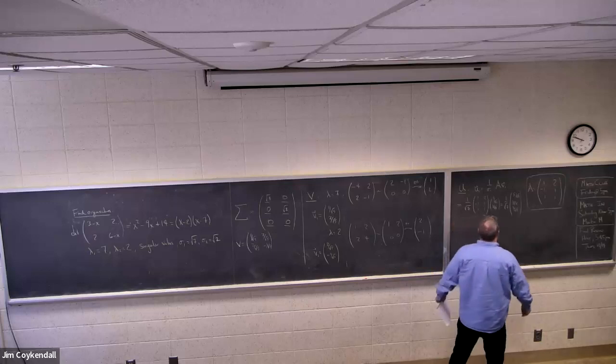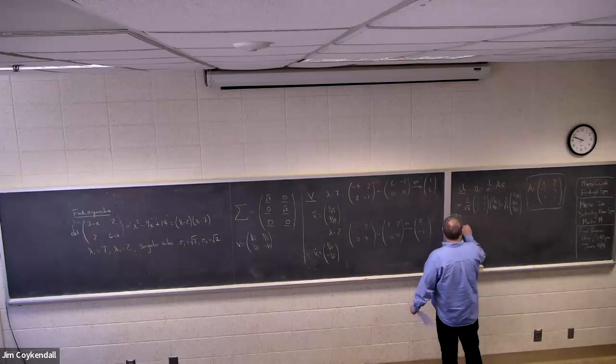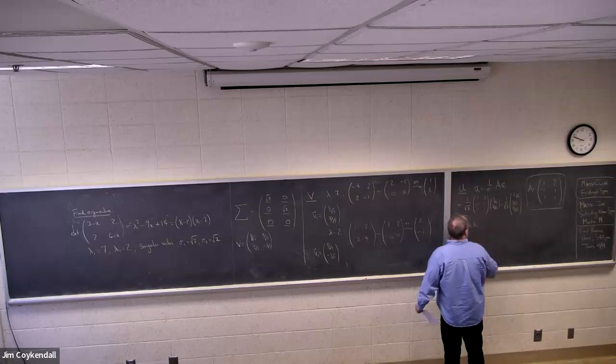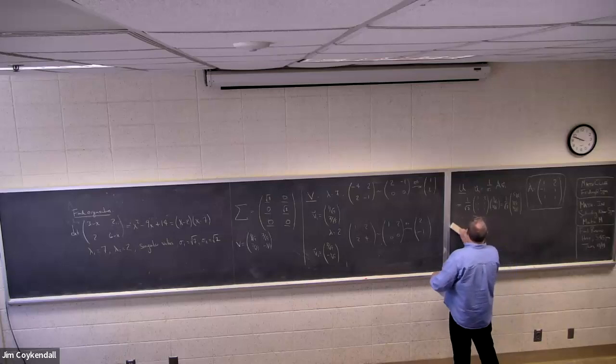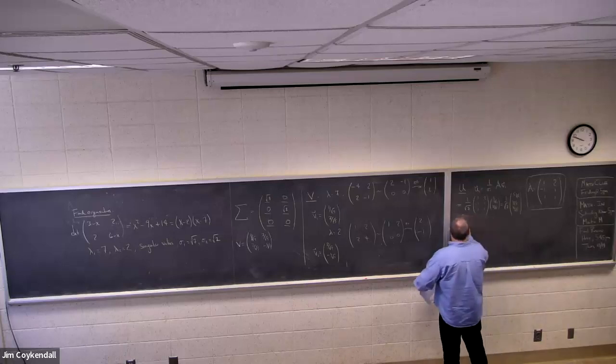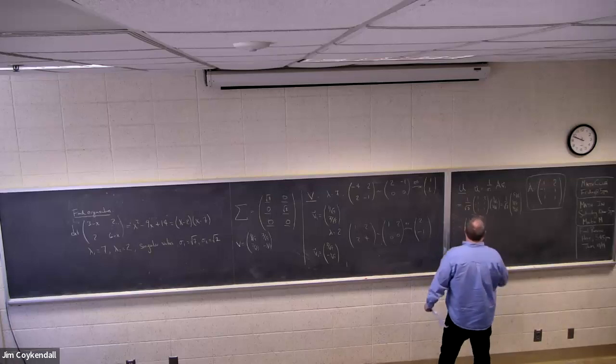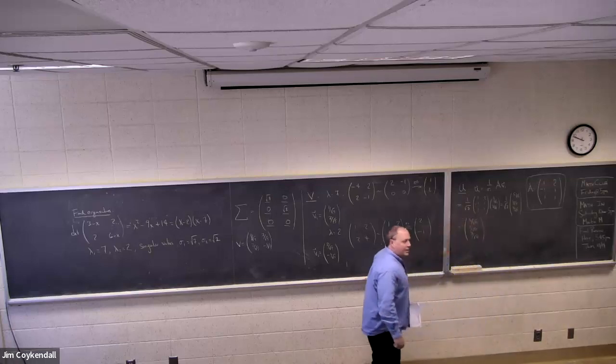Let me actually rescale this. Oh, yeah, this is already orthonormal, I guess. So I get 5 over radical 35, 1 over radical 35, and 3 over radical 35. There's U1.